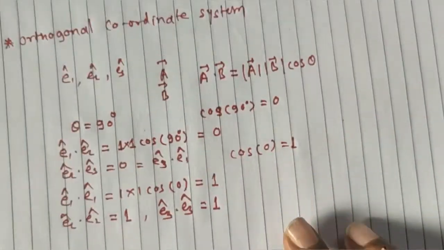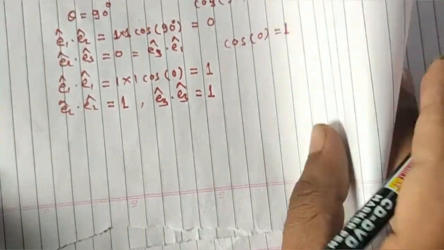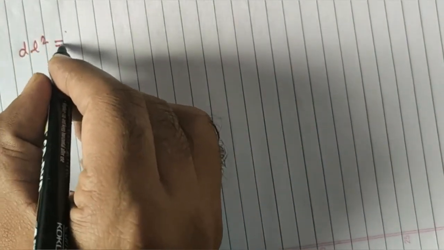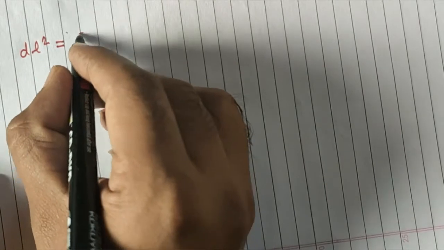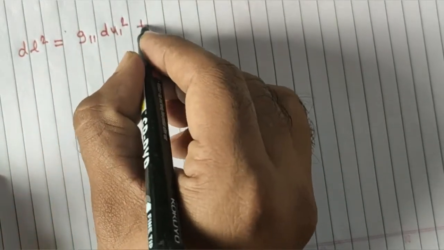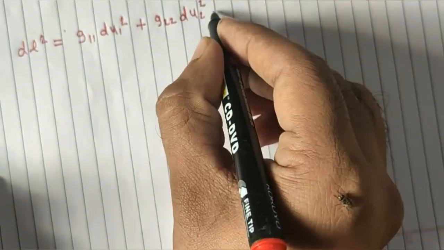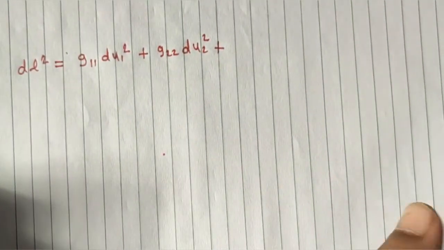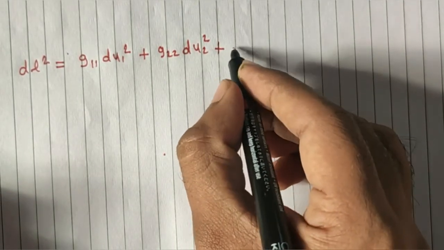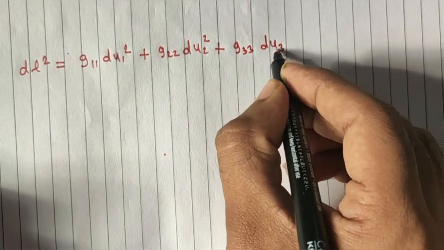Now we will write the expression for the length element. So we will take another page, and that will be dl square equal to g11 du1 square plus g22 du2 square plus g33 du3 square.